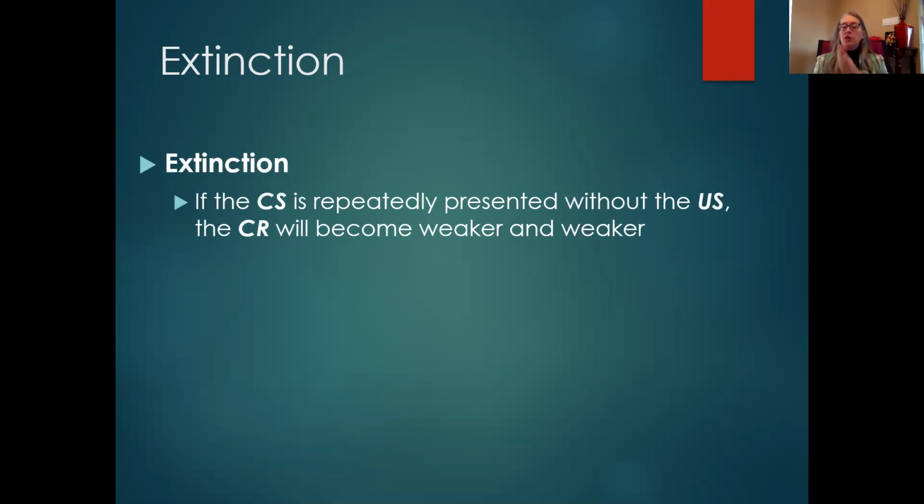Learning occurs when the dog starts to salivate to the metronome without the food being there. Extinction occurs after the metronome has been presented so many times without the food that the metronome alone no longer leads to salivating. So extinction occurs after you present the CS, the metronome, without the US, the food, over and over and over.